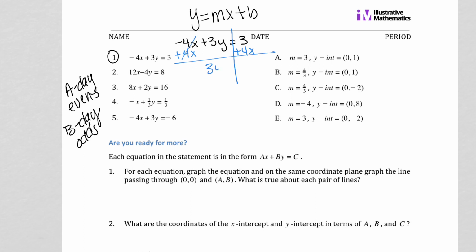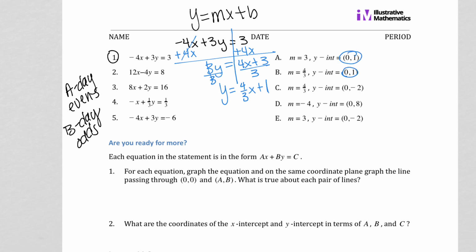Then we get 3y equals 4x plus 3. We're going to divide by 3 on both sides because I know that 3 is multiplied by y. So y equals 4/3 x, because 3 does not go evenly into 4, and then 3 over 3 is 1. So my y-intercept is 0, 1.